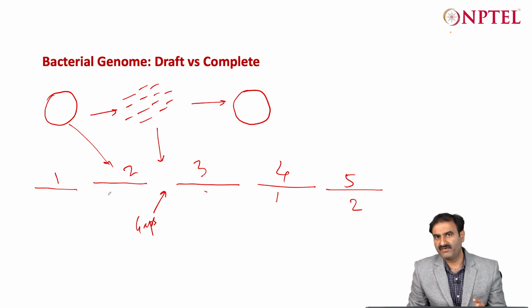So this is a draft genome. Typically less than 100 pieces is a good draft genome, but if you see in literature, there could be more than 100 pieces also, and so many types of draft genomes are available, right? So at this point you should see how you can do a better assembly or reach a more contiguous assembly.